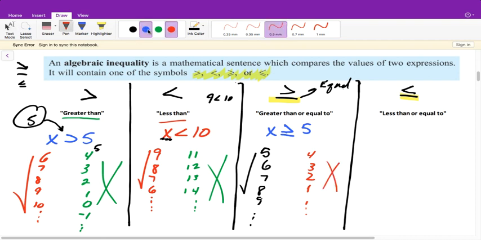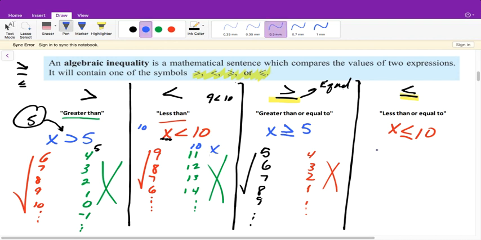All right, and then our last one, I'm going to go ahead and write exactly what I had here before. So we can then say x is less than or equal to 10. So that means in this case, if I were to say, well, where would 10 be part of our solution set or not part of it? Well, 10 is not less than 10. It's equal to it. It's not less than. So that's actually part of our non-solution.